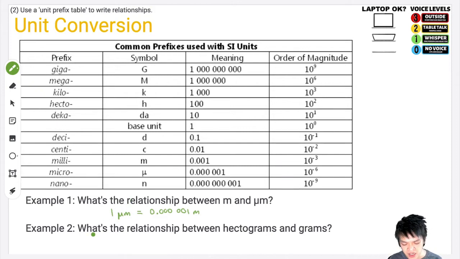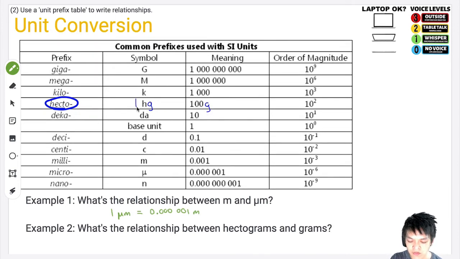Let's do the same thing right here. What's the relationship between hectograms and grams? Well, the prefix here is hecto. We're going to find hecto in the unit prefix table right here. Here it is. Hecto is H. It means 100. So a hectogram equals 100 grams. And again, to visualize it, you can imagine hectogram, 100 grams.